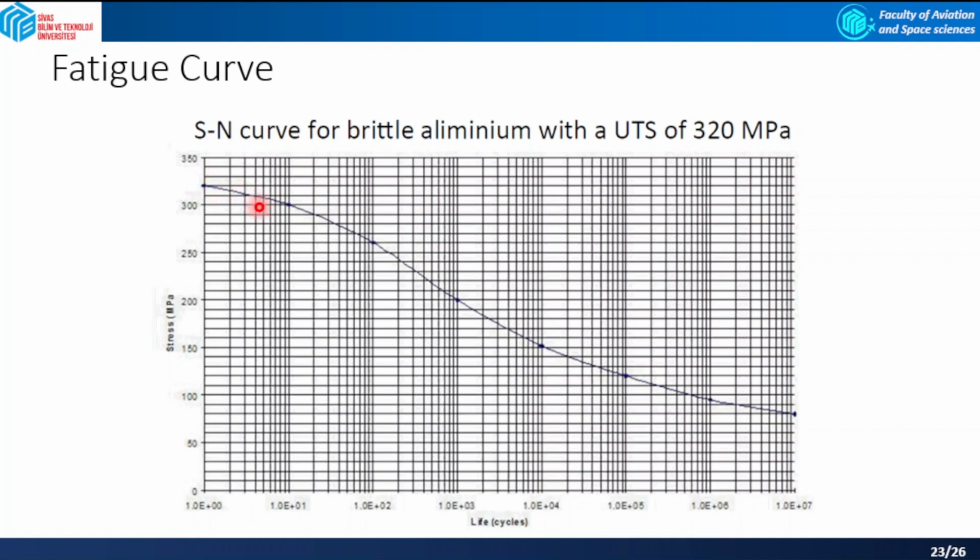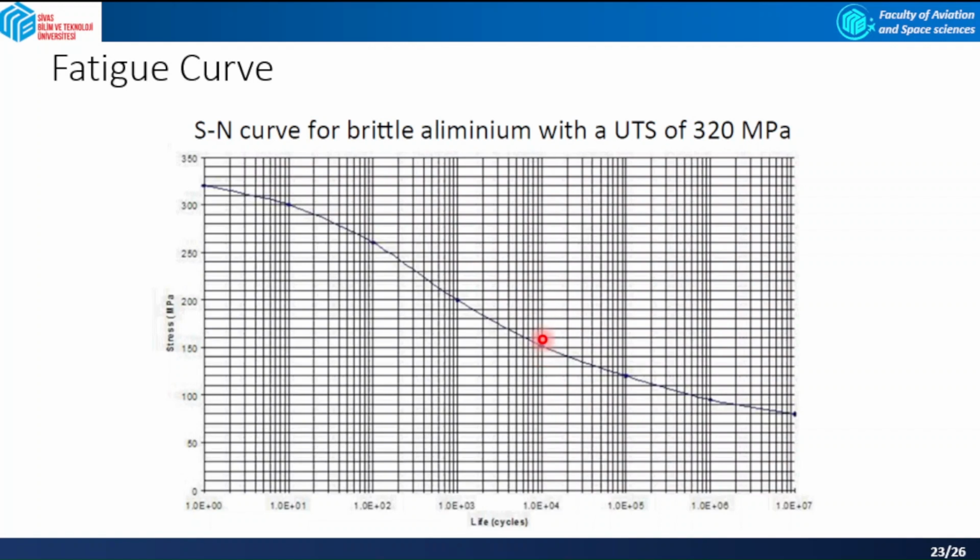And as the number of cycles increases, the failure stress decreases. For instance, at 100 cycles, the failure stress drops to almost 260 megapascals. Similarly, at 1000 cycles, it decreases to 200 megapascals. And at 10,000 cycles, it is again reduced to near 160 megapascals, and so on.